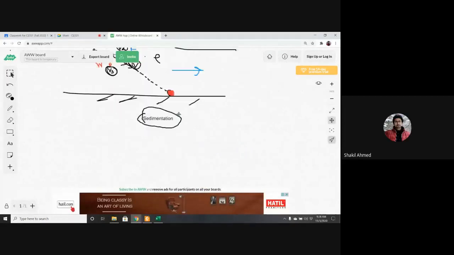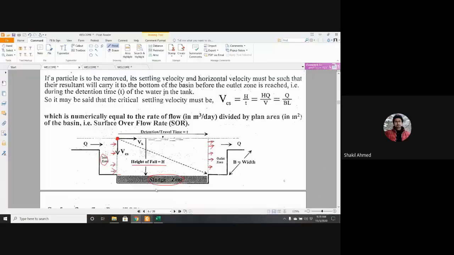Now in this sedimentation tank, this is inlet and this is outlet.